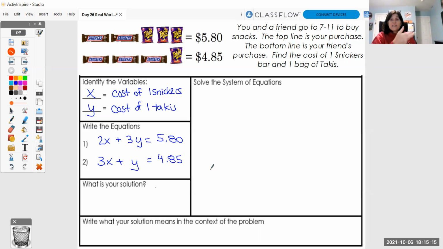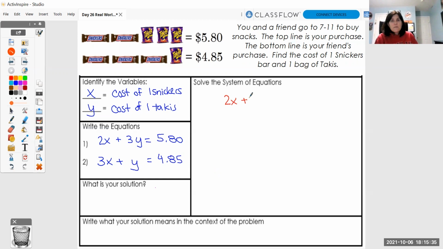Good? So there are my 2 equations. I need to solve this. I think they're set up for elimination, so I'm going to practice elimination for you. If you want to do substitution because you see that Y there, that's fine. But let's do this one together.